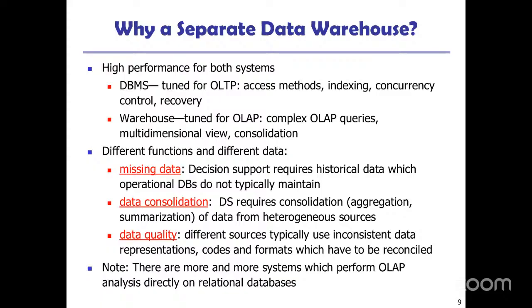The warehouse is tuned for OLAP: complex OLAP queries, multidimensional views, so different functions and different data. As usual, what to do with missing data? Data consolidation: we can perform aggregation and summarization of the data from heterogeneous sources.